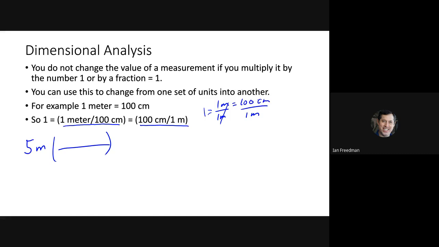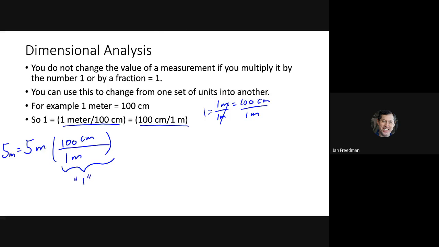So 5 meters is equal to 5 meters times a fraction where it's equal to 1. And I'm going to put in 100 centimeters over 1 meter. And we know that 5 meters equals this value because that's really just a fancy way of saying the number 1.